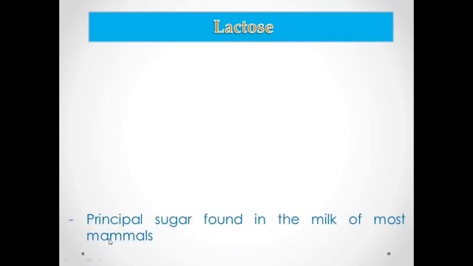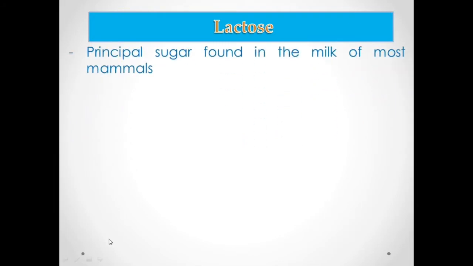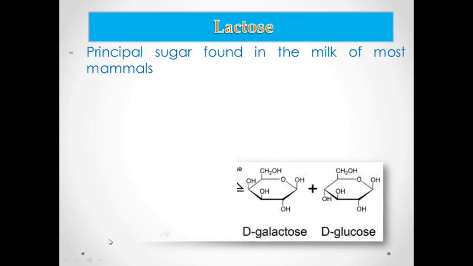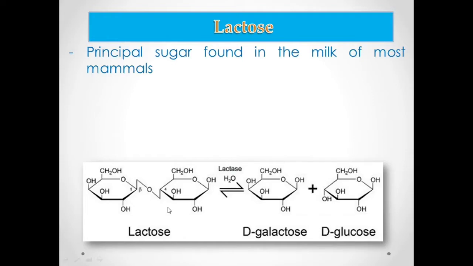Lactose is the principal sugar found in milk for most mammals. For lactose to be used by the body as an energy source, it must first be hydrolyzed to produce glucose and galactose. We need the enzyme lactase to hydrolyze it to form D-galactose and D-glucose.